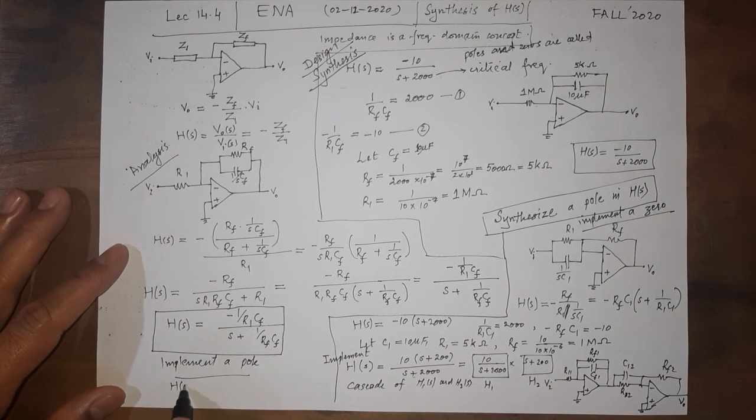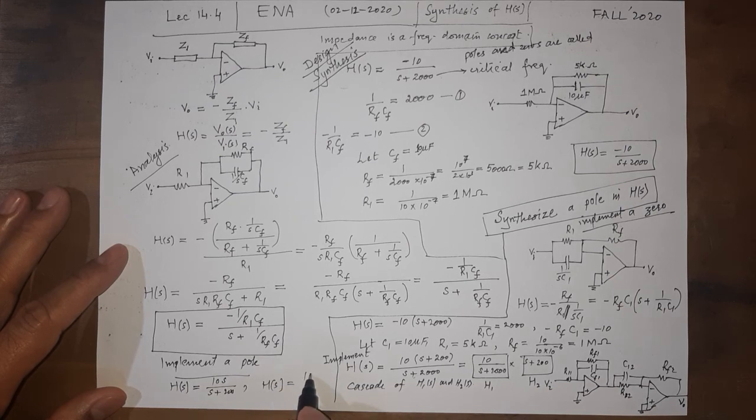So suppose the H of S is something like 10S over S plus 200, or H of S is, say, 10 over S into S plus 200. Now here we have a 0 at 0 and a pole at minus 200, but here we have a pole at 0 and a pole at minus 200. So how to implement this zero at 0 and a pole at 0?